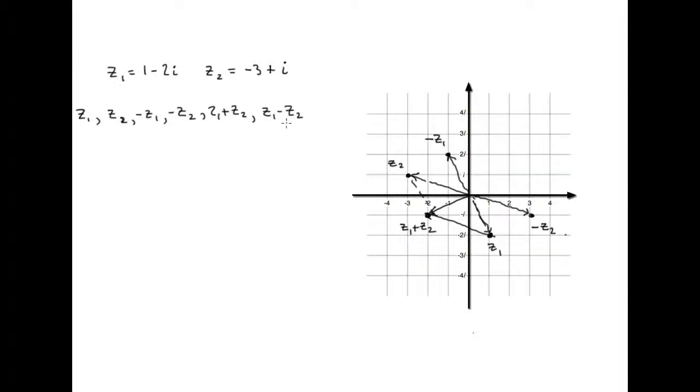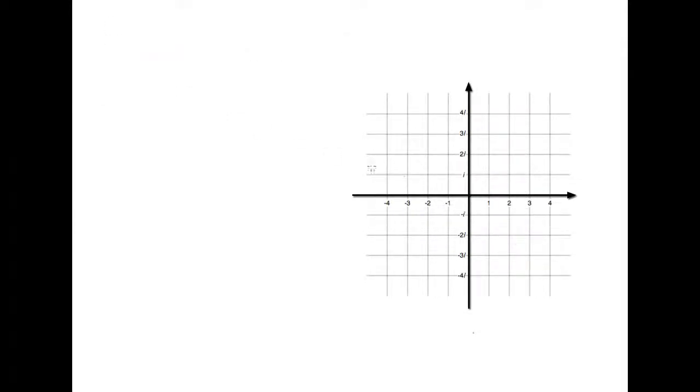And z1 minus z2, there's z1, there's minus z2, so z1 followed by minus z2, there's the parallelogram again, there's the diagonal vector representing the complex number z1 minus z2, and we can read it off, it's 4 minus 3i. So I hope you managed that. Let's try one more before we sign off in this video.